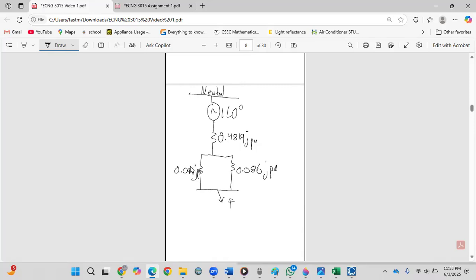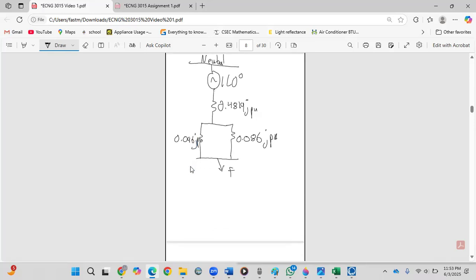Alright, so 1 or 2 more steps. These two are in parallel with each other and will be in series with this. So product over sum for that. 0.4819 J. And because it's in parallel, to reduce it to 1 will be the product of the two divided by the sum of the two.